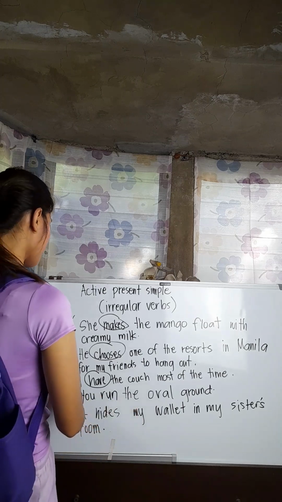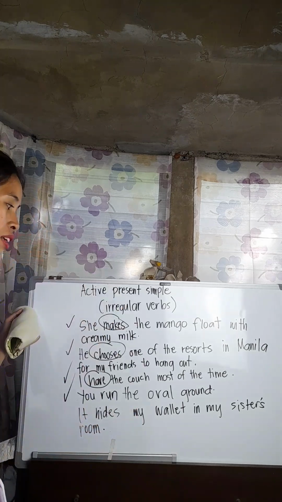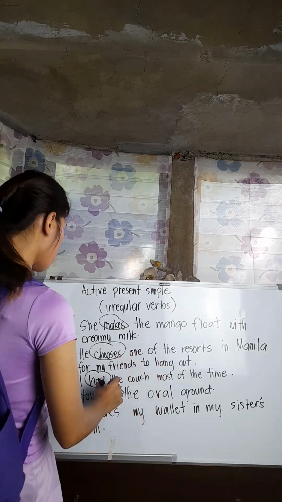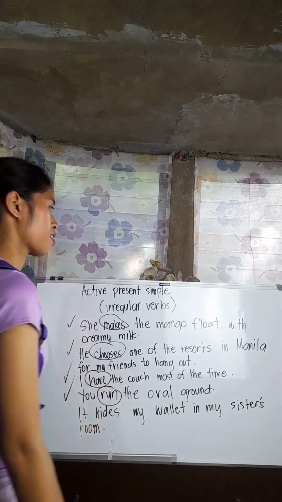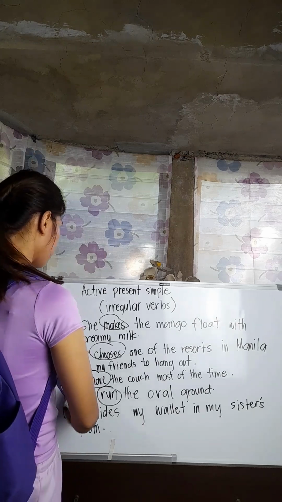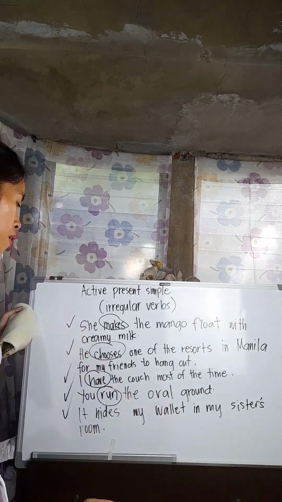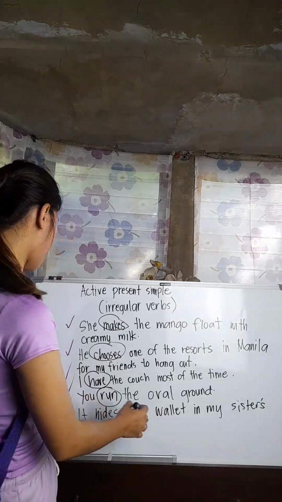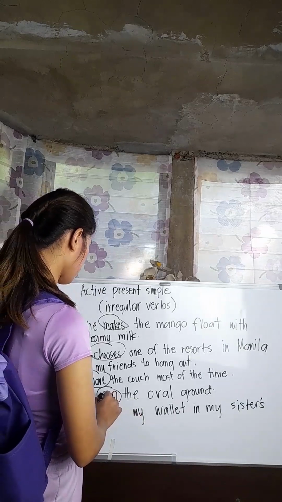Fourth sentence, you run the oval ground. You as the subject, run as the present simple verb. Fifth sentence, it hides my wallet in my sister's room. It as the subject, hides as the present simple verb.